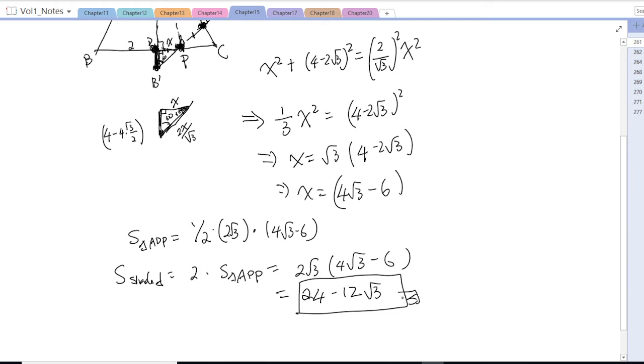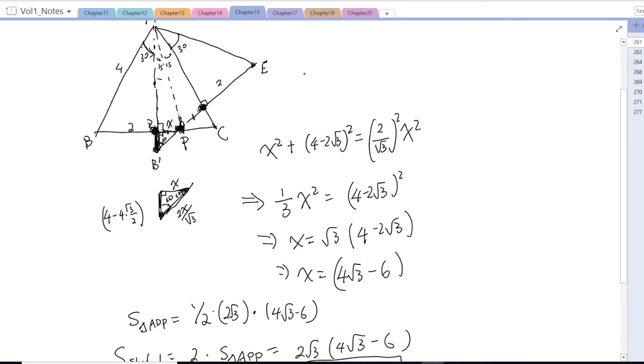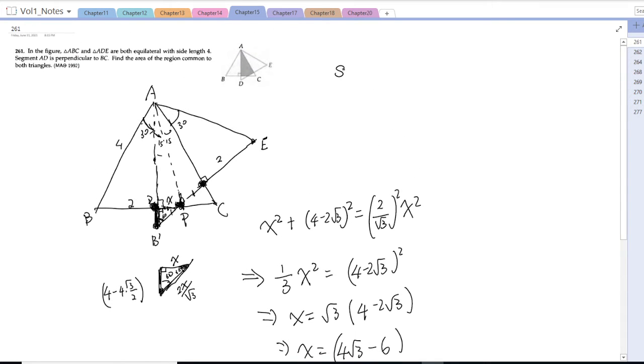Otherwise, if you didn't see that this angle is 30, 60, 90, you can also use trigonometry. It's not that hard, because you can figure out this line, and by the 15 degrees you can also figure out this one. The only thing is for sine 15 degrees, you need to know how to do it. It is sine of 45 minus 30 degrees, which is sine 45 times cosine 30 minus cosine 45 times sine 30.